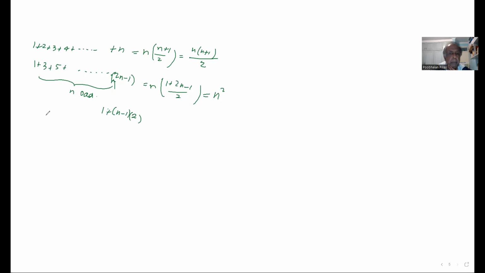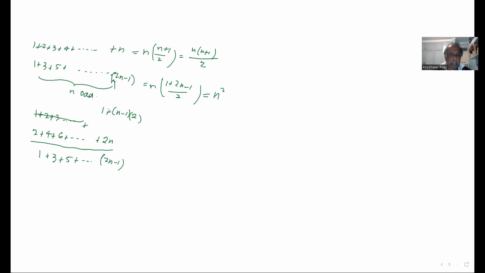So the problem in this was, I'm sorry, it was 2 plus 4 plus 6 going all the way up to 2n, and you are dividing that by 1 plus 3 plus 5 all the way up to 2n minus 1.